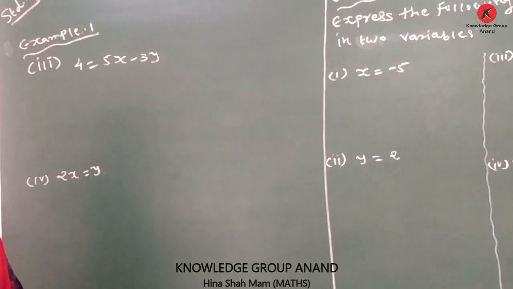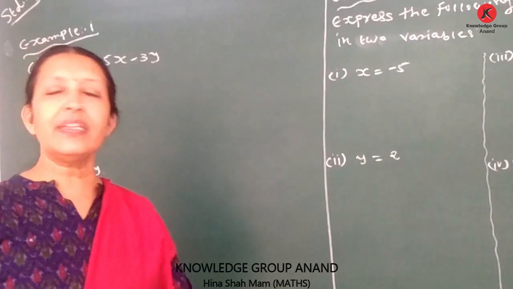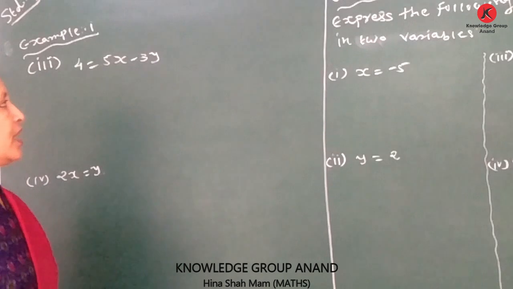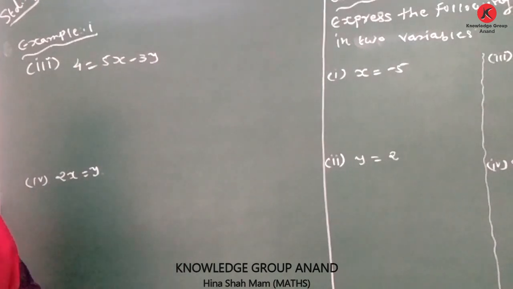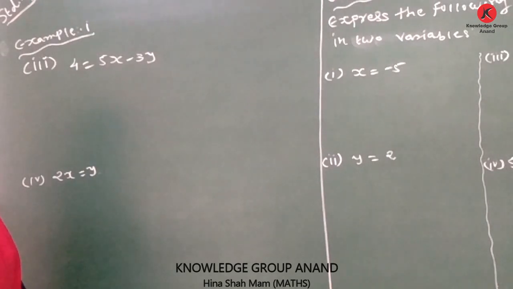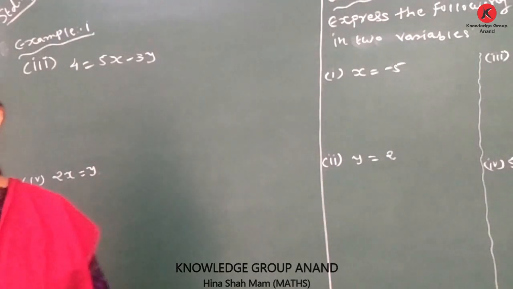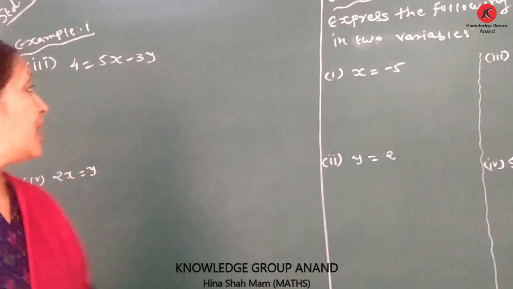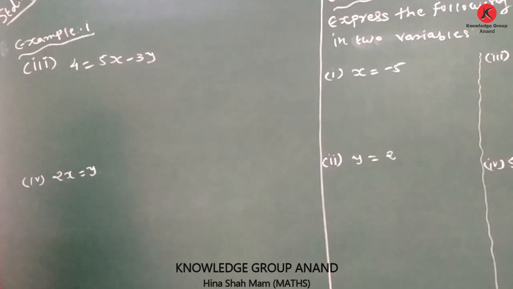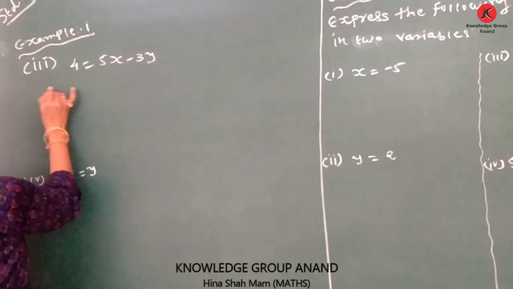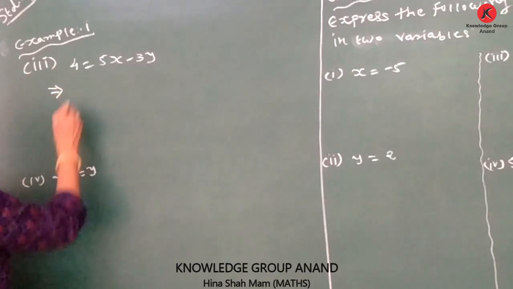Example 1, number 3. Express the following equation in standard form, ax plus by plus c equals 0, and indicate the values of a, b and c. Here number 3. 4 is equal to 5x minus 3y. Then we write this equation in standard form.